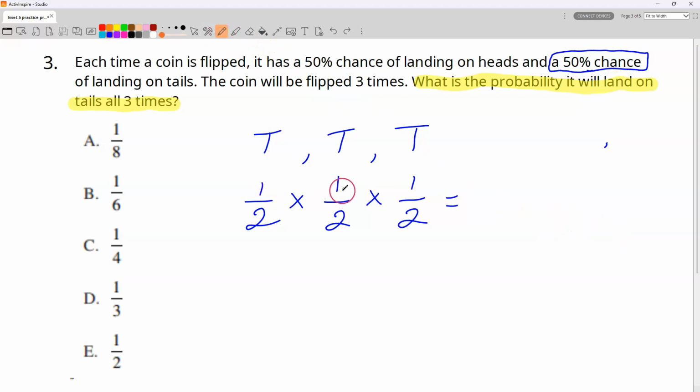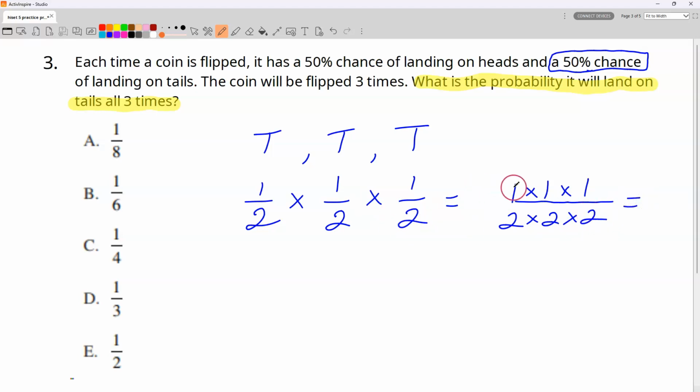You just take top times top times top, which is what I'm going to do real quick. So you go 1 times 1 times 1. And then bottom times bottom times bottom: 2 times 2 times 2.